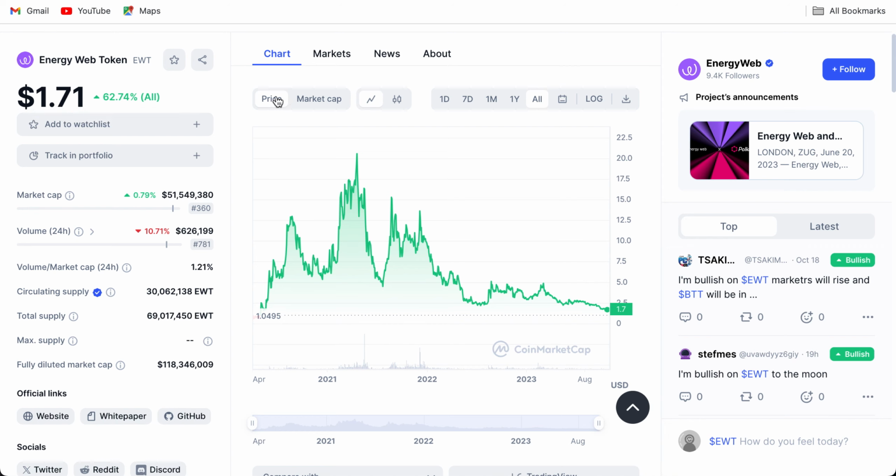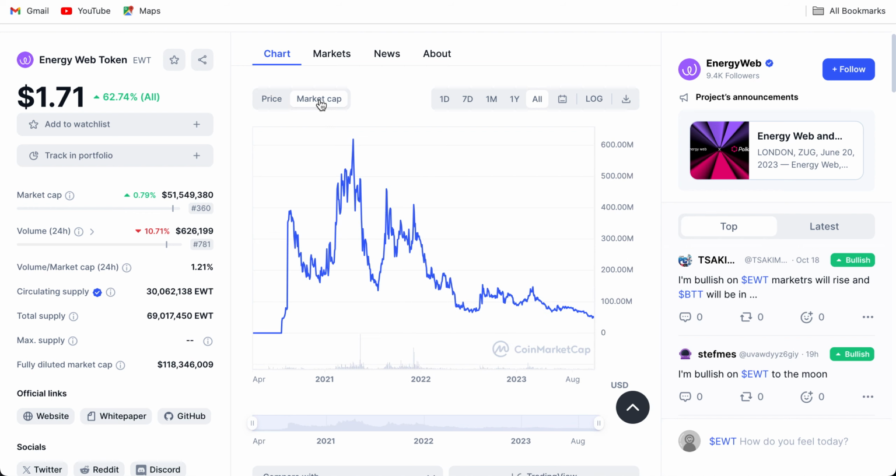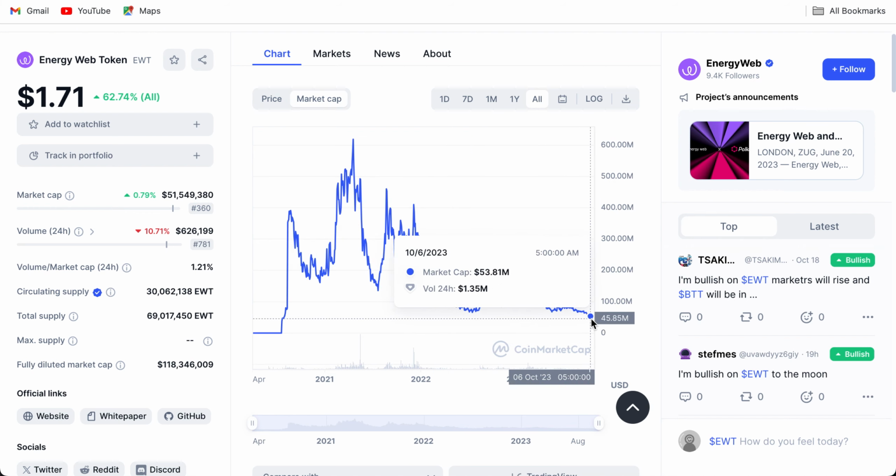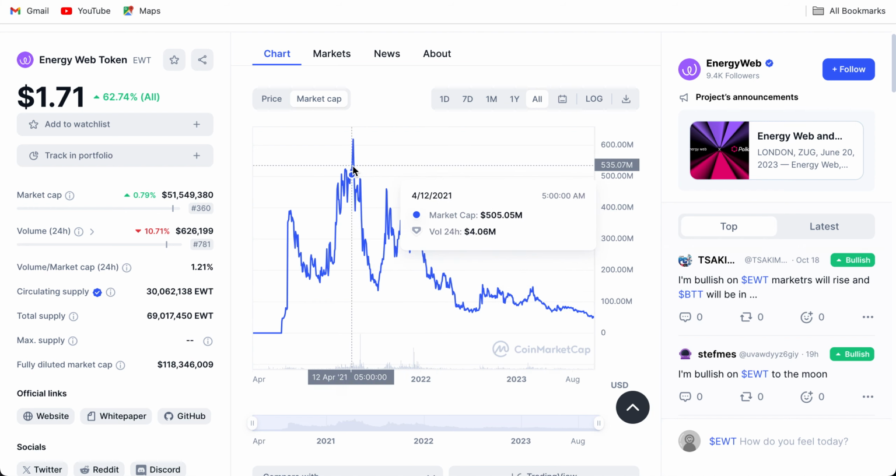So guys, let us check out the price and market cap of Energy Web Token at the time of this recording. The market cap of Energy Web Token is $53.81 million, and its all-time high market cap was $619.09 million back in the 2021 bull run.